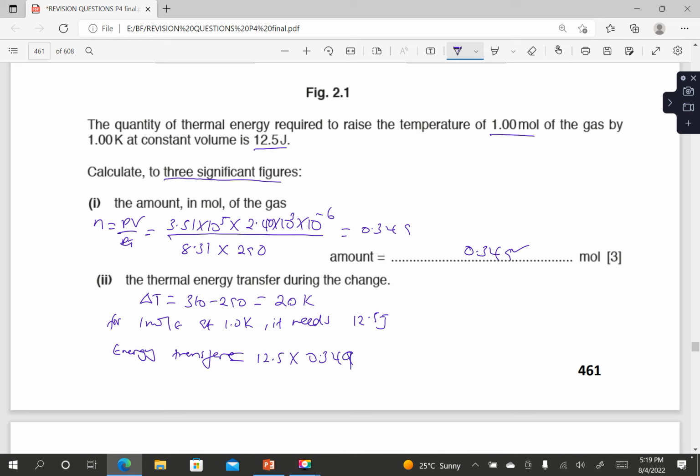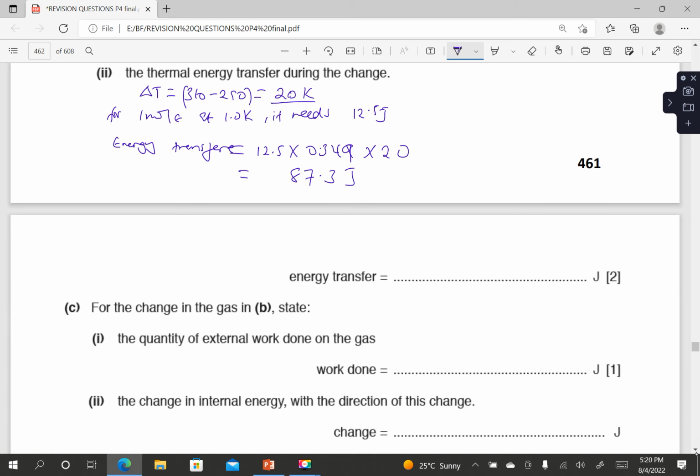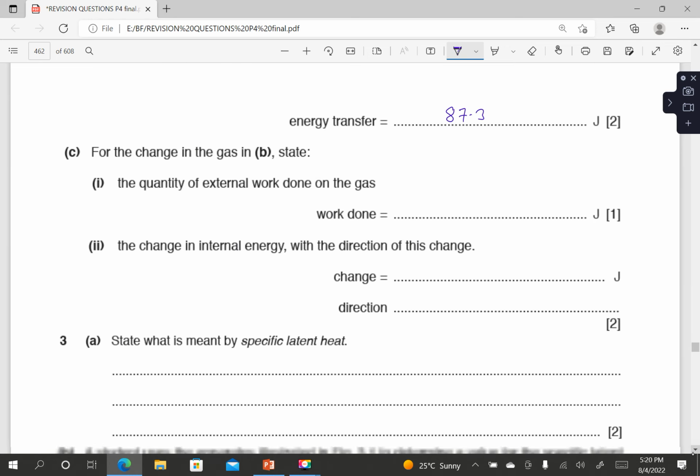But that is just for 1 Kelvin. Now if we want to raise the temperature by 20 Kelvin, we must multiply this by 20. Pressing my calculator, this is giving me 87.3 joules. So the energy transfer is 87.3 joules. Okay. We are almost done.